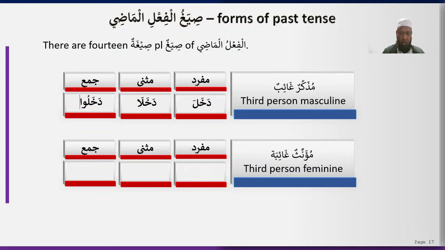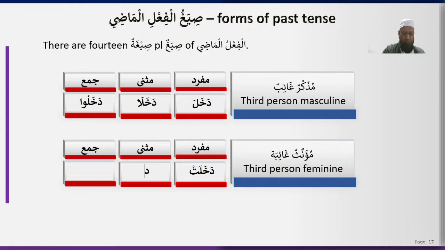Dakhalu. Muannas ghaiba mufrad, we have dakhala, make it muannas with ta al-maftuha as-sakina, dakhalat.